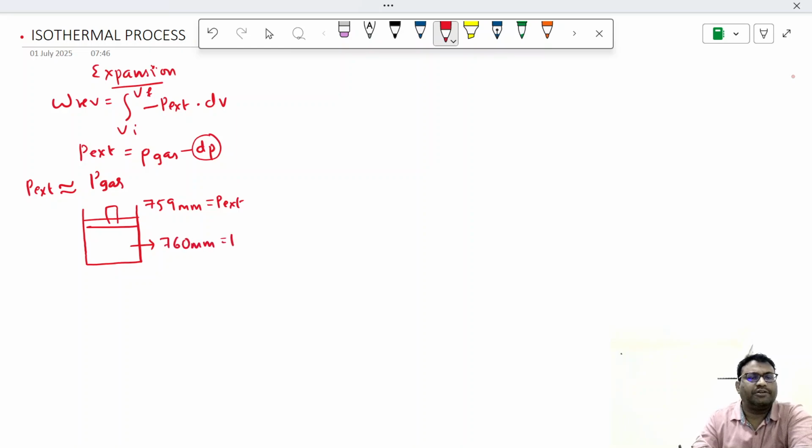So the pressure of the gas is greater than external pressure, but it's very small, minute. These two are almost the same. Okay, so this is what we are speaking about here, reversible.